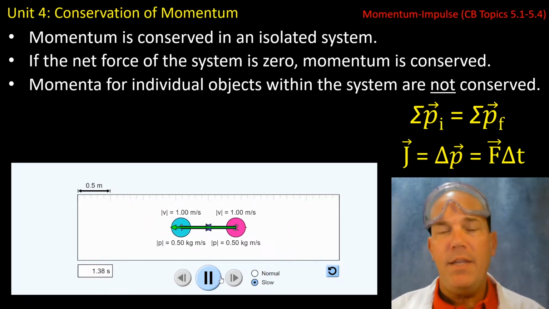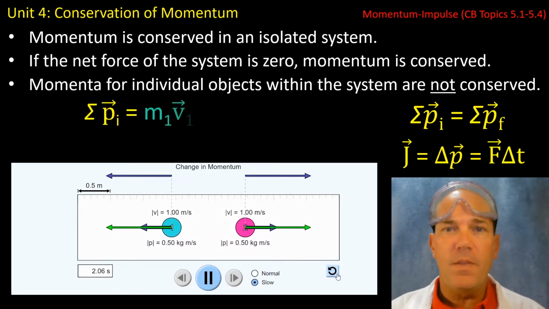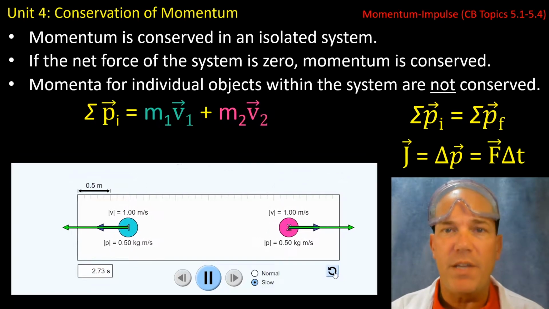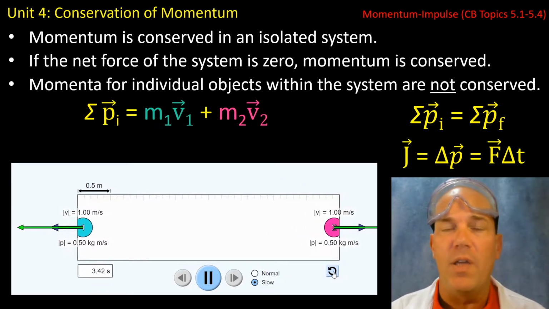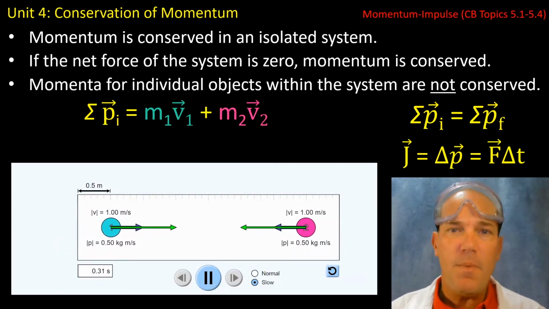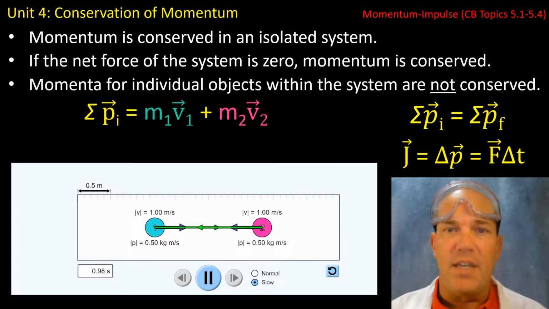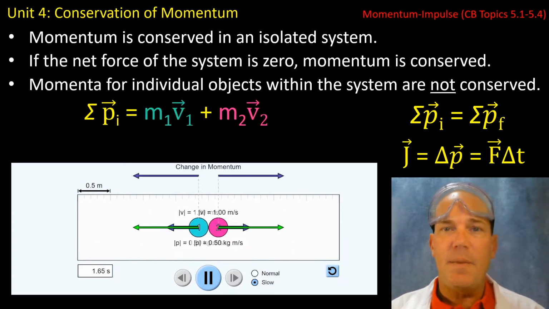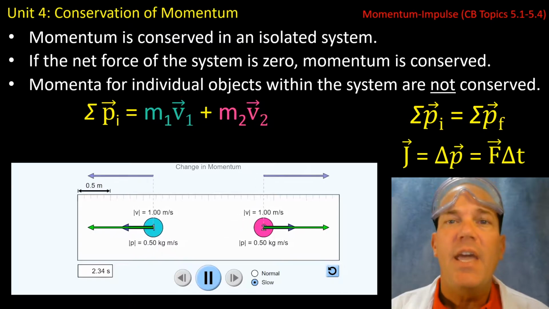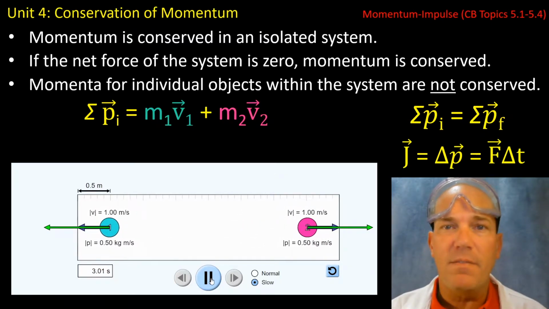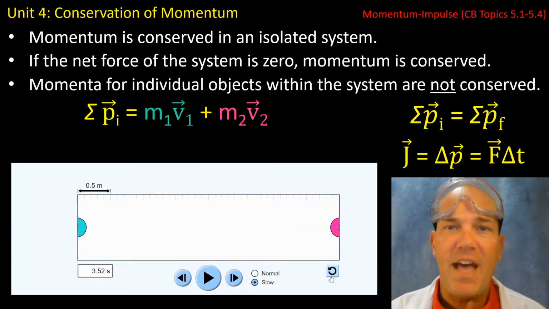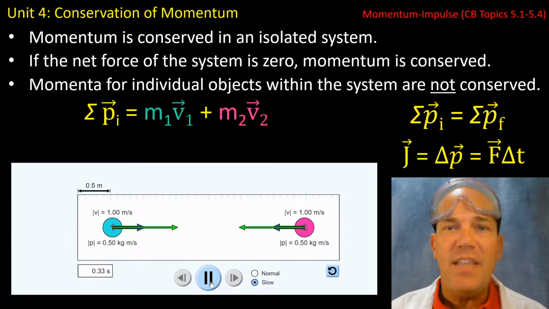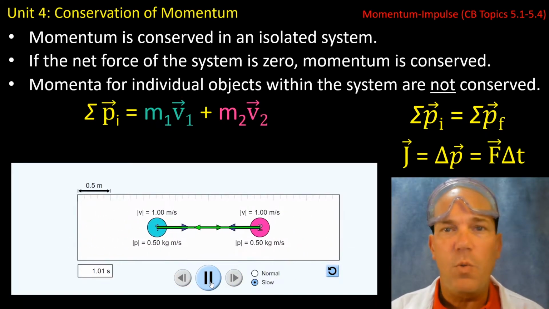Let's go ahead and do a calculation for this particular situation you see on your screen now. Let's sum the momenta initially. So we're going to take the mass of both objects and multiply each respective object by their velocity, acknowledging that momentum is a vector quantity.